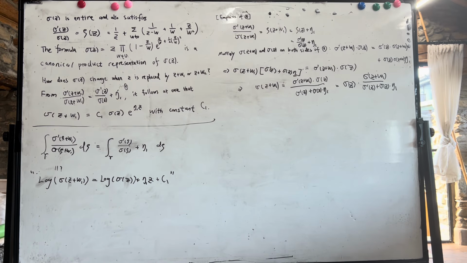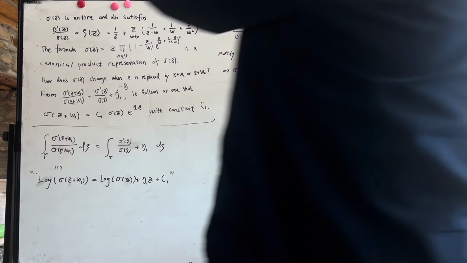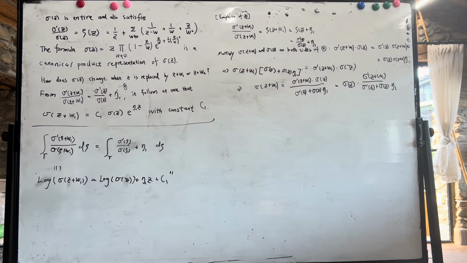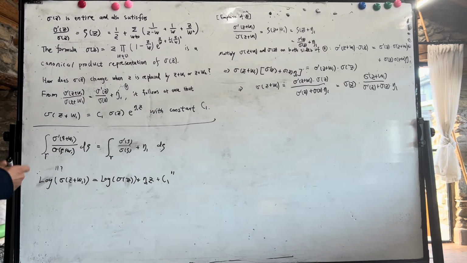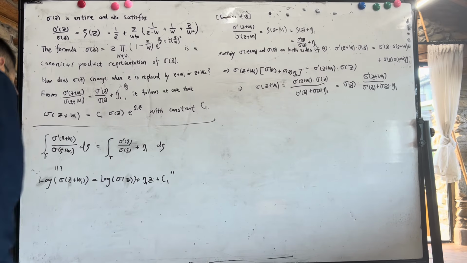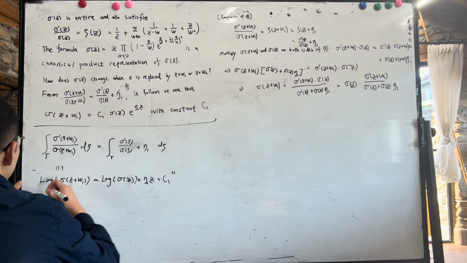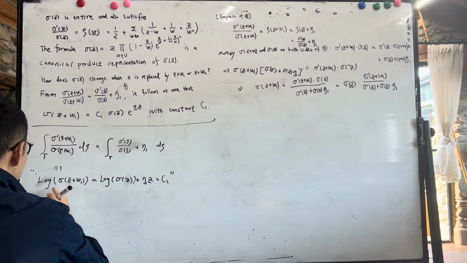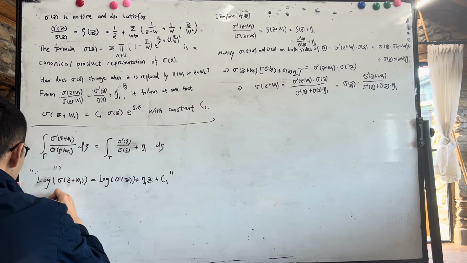I think I have some idea here. So we would expect, after taking the exponentials, we get the equality, right? So why don't we just take the exponentials? Let's take the exponential first, and then let's use some tricks.